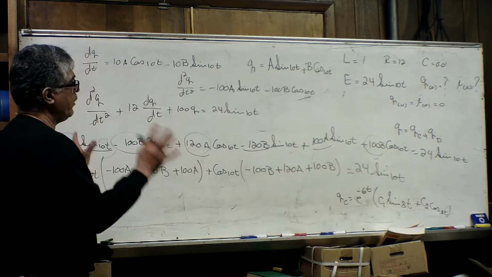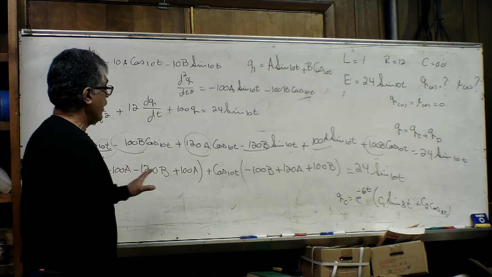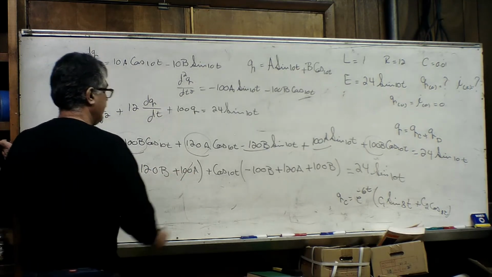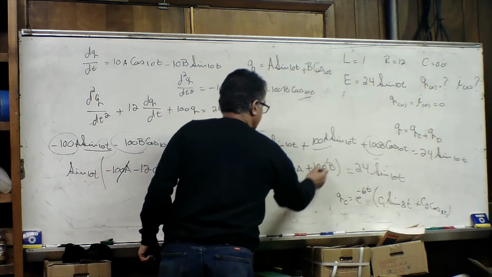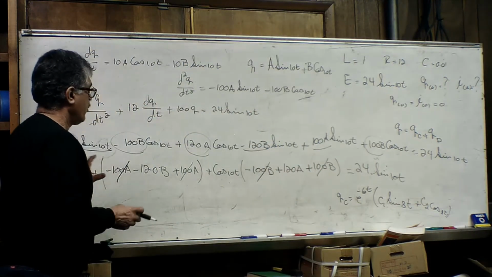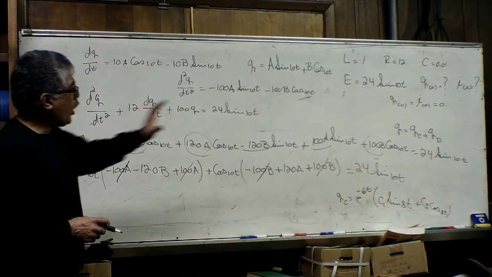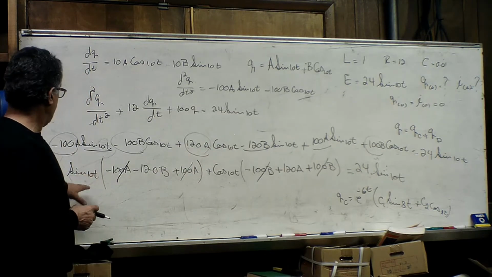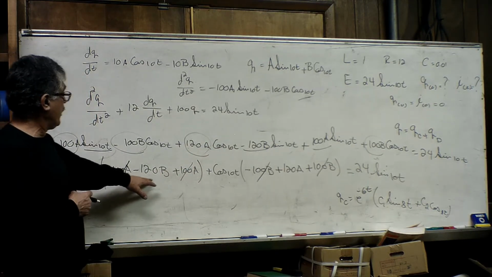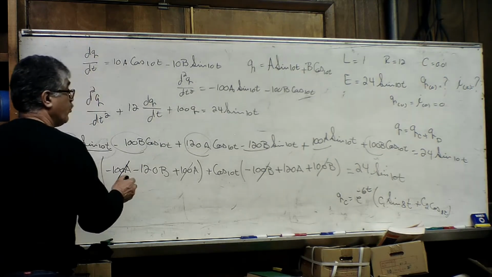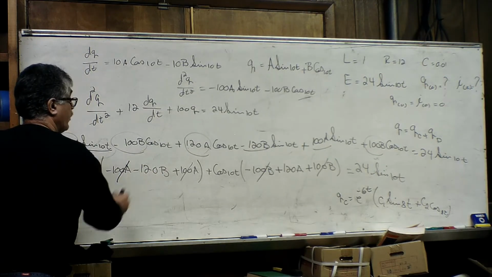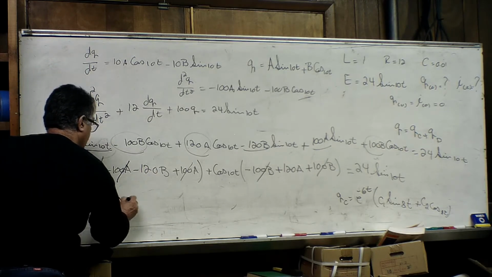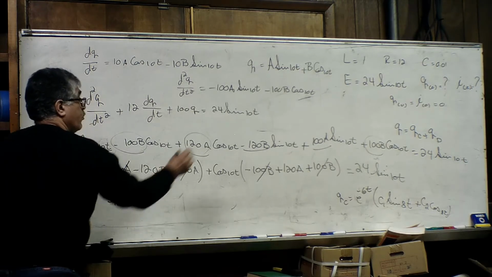Now, if we compare both sides of this equation, we can simplify this. This 100a and that will cancel out, and this will cancel out. On the right side we have 24 sine of 10t, and here the coefficient of sine of 10t is minus 120b. So the coefficient minus 120b must be equal to 24.